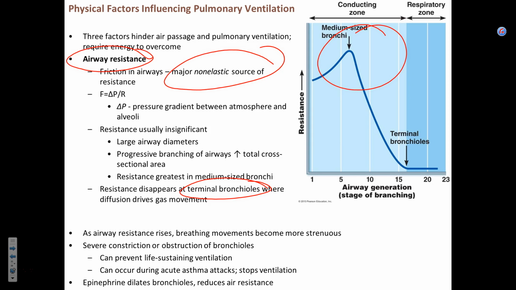However, it can become problematic, especially if you decrease the diameter. And remember always, the smaller the diameter, the higher the resistance.